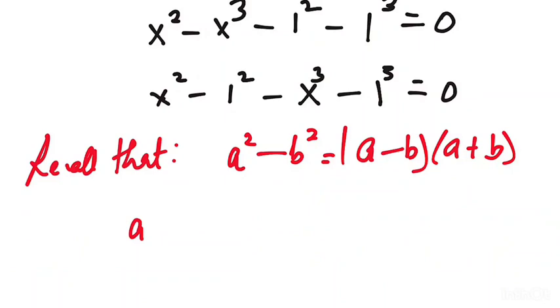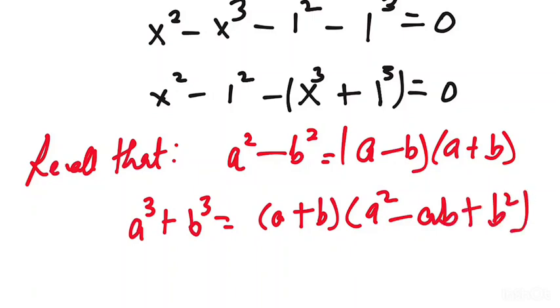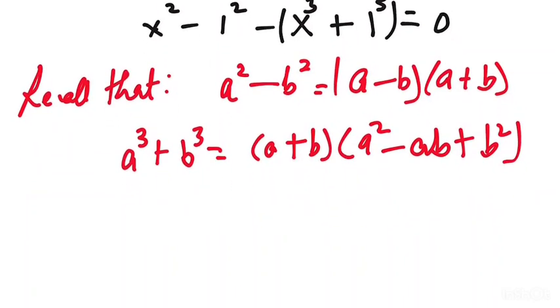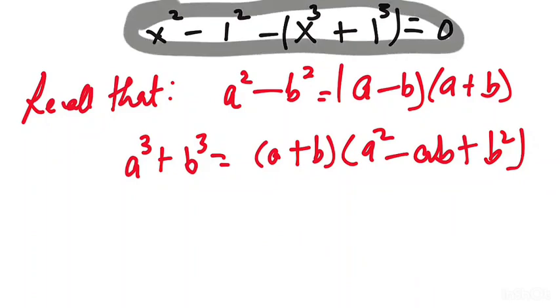Then we're going to have a to the power of 3 plus b to the power of 3, so this will be a plus b, then a squared minus ab, plus b squared. So now we're going to apply these two, from here. Understood?